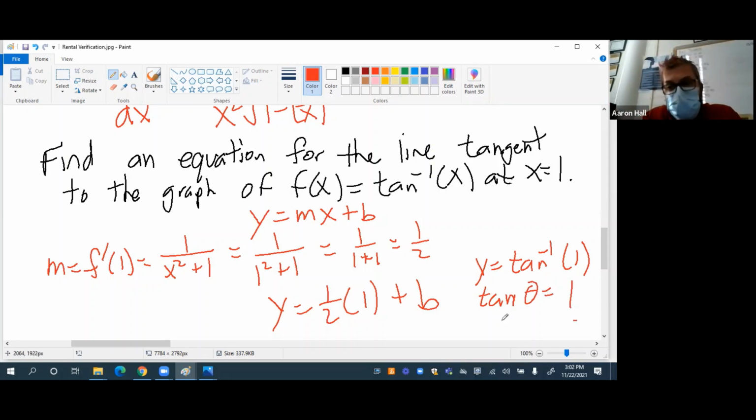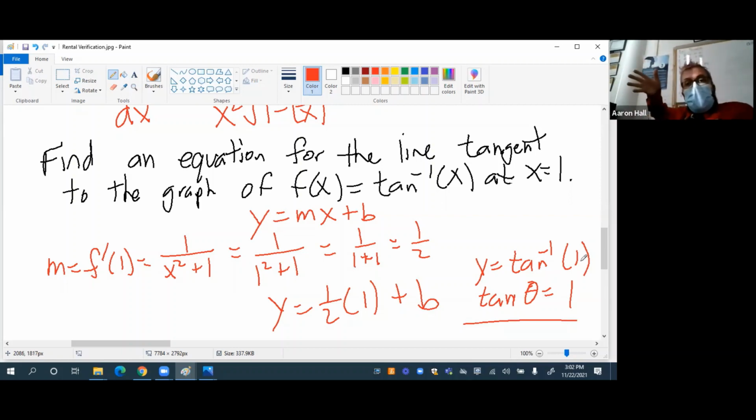Isn't that what that means? What is an angle that gives us a tangent of 1? What is it? Pi fourths, yeah, pi fourths.